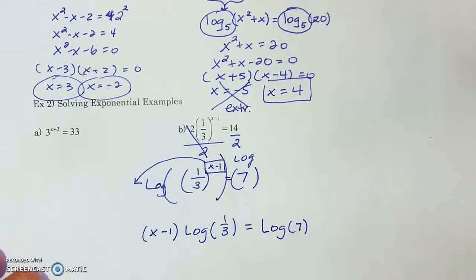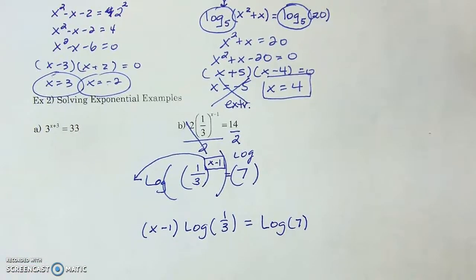Basically, what taking the log of both sides does for us is it gets our variable down from the exponent. It's very difficult to solve for a variable in the exponent. Now, it's just another term, another constant. Okay?